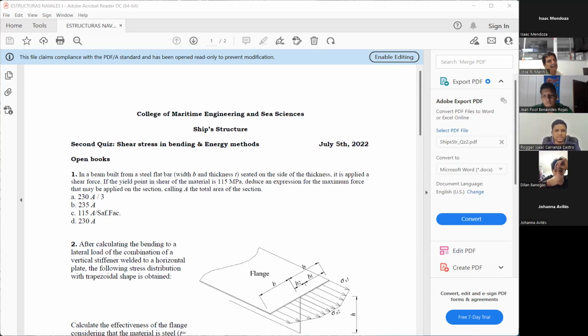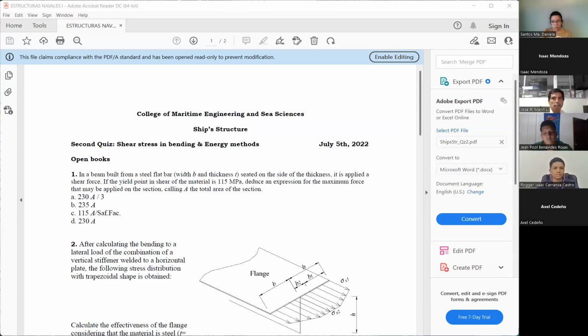P squared T is T multiplied by thickness divided by H. Is this correct? Mr. Cedeño Parra, is what Mr. Carranza said correct? I think it's correct, doctor.